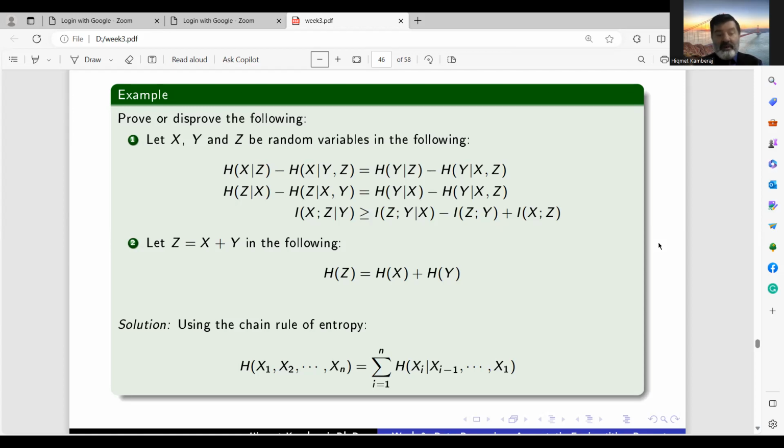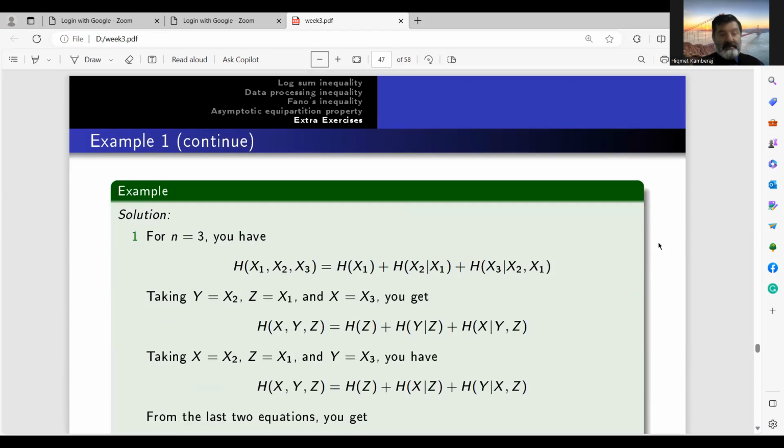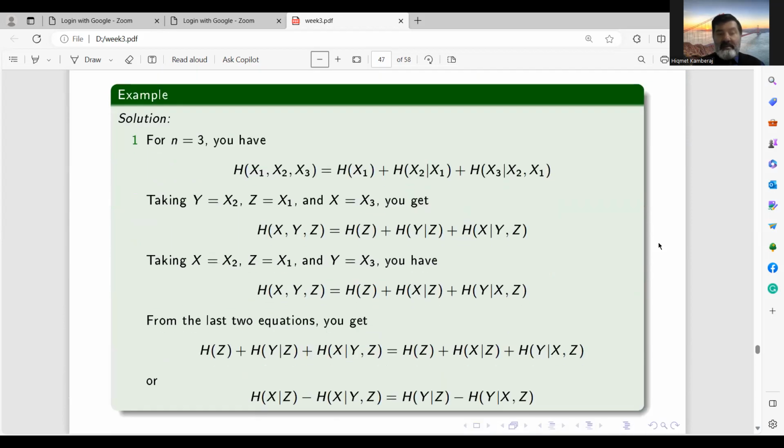Using the chain rule of entropy, we have the joint entropy of x1, x2, ..., xn equal to the sum of the conditional entropies, i from 1 to n, H of xi conditional on xi minus 1 up to x1. Now, take this for n equal to 3. Then the joint entropy of x1, x2, x3 is equal to H of x1 plus H of x2 given x1 plus H of x3 given x2 and x1.